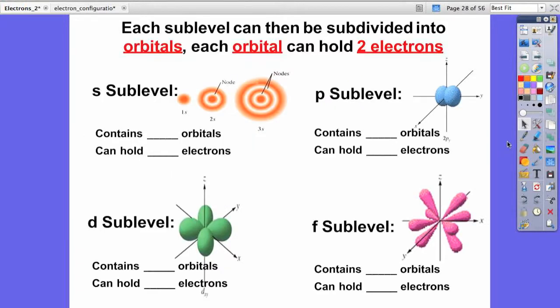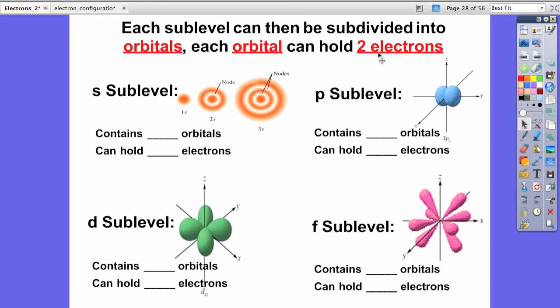Okay, so energy level 1 contains the S sublevel, and each sublevel can be subdivided into orbitals, and each orbital can hold 2 electrons.